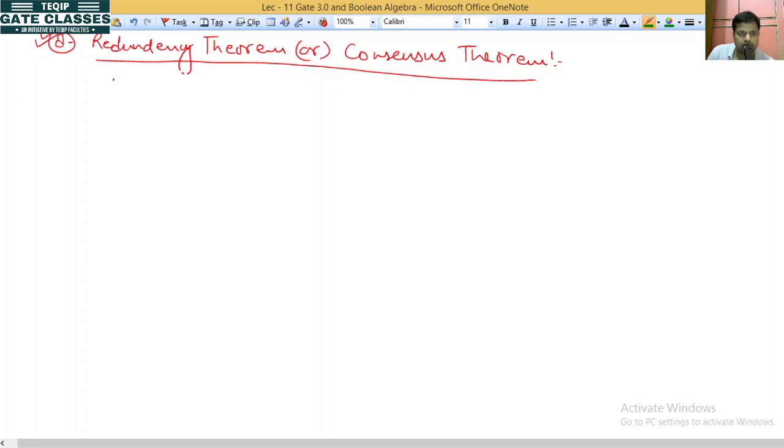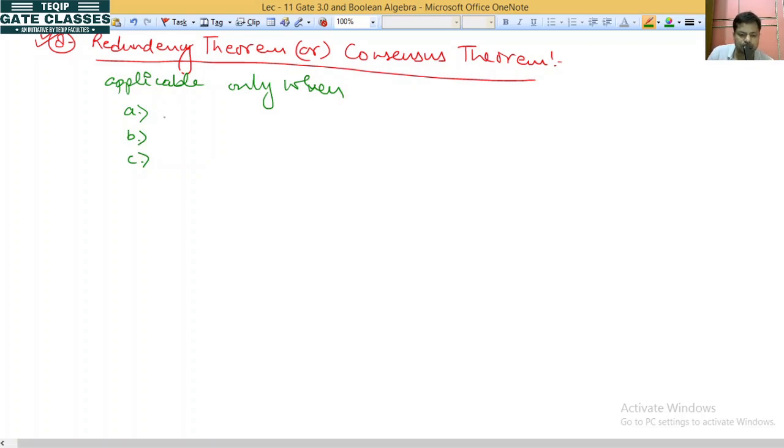So this theorem is applicable only when these three conditions are satisfied, then only you can apply redundancy theorem or consensus theorem.